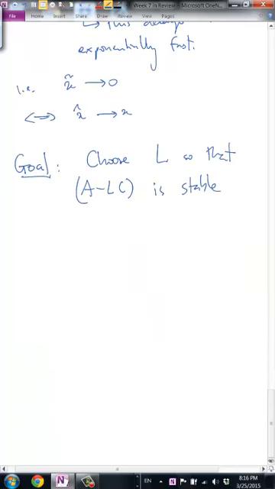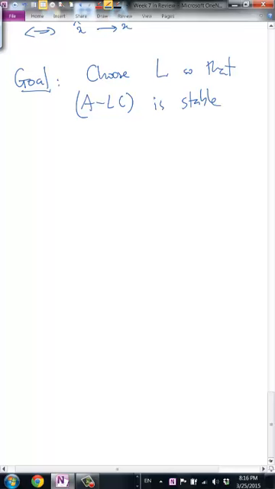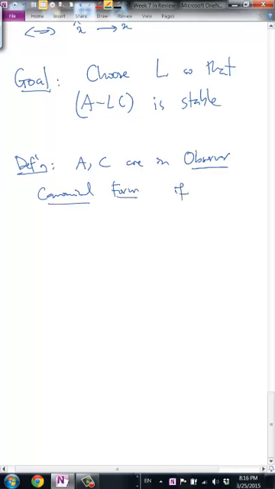Now, how do we do this? Exactly like we did it for reachable canonical form. So let's define: A and C are in observer canonical form if A has the special form minus a_{n-1}, minus a_{n-2}, all the way down to minus a_0, and then 1's just above the diagonal.